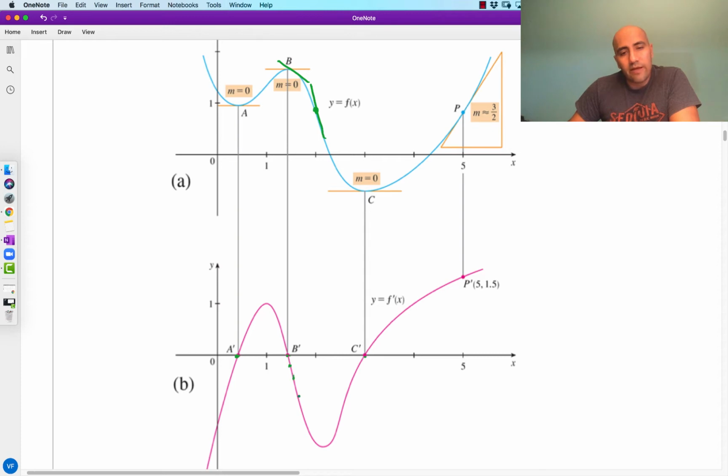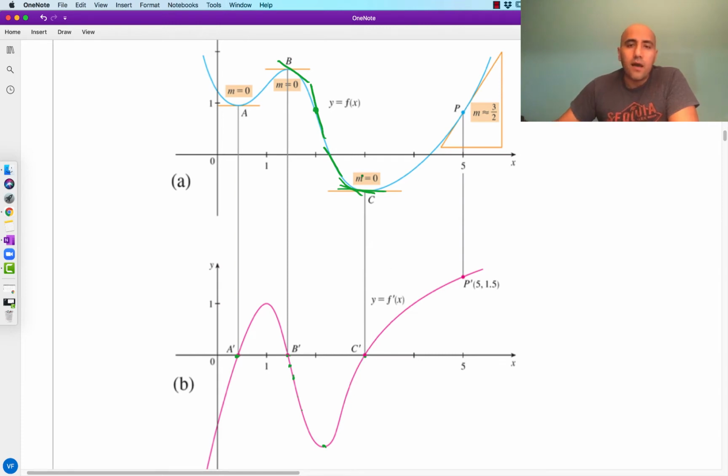And we reach the biggest negative slope somewhere near the middle here. That's when it's the steepest in the negative direction. And then we begin to get smaller negatives and smaller negatives. And then eventually we get back to 0. And that's what this is describing here. Smaller negative, smaller negative.